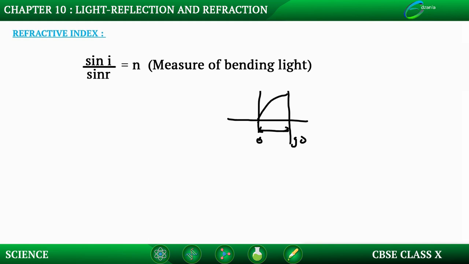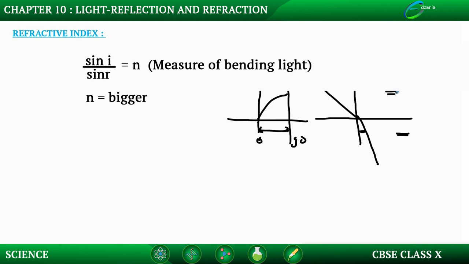Now if I say n is bigger, this indicates that sin r is smaller compared to sin i; only then will n be bigger. So when light enters from one medium to another whose refractive index is more, sin r is smaller. If the refractive index of this medium is higher compared to this one, the refracted ray will move towards the normal more and more.